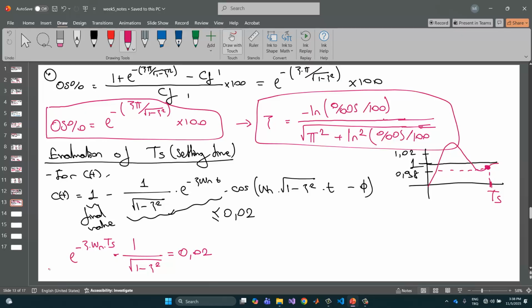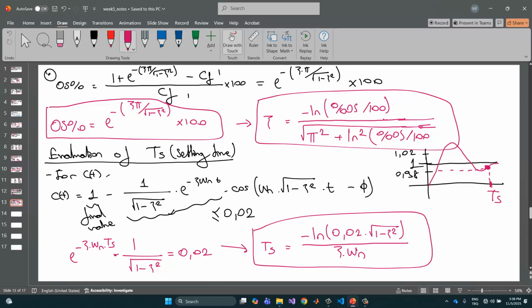So this term is equal to 0.02, and the solution for ts is equal to minus ln of 0.02 times the square root of 1 minus zeta squared, divided by zeta wn.